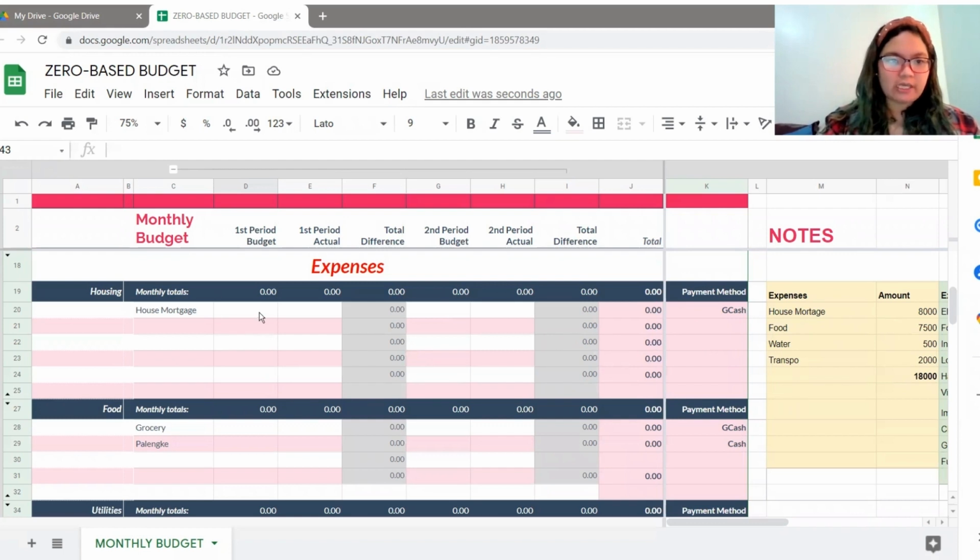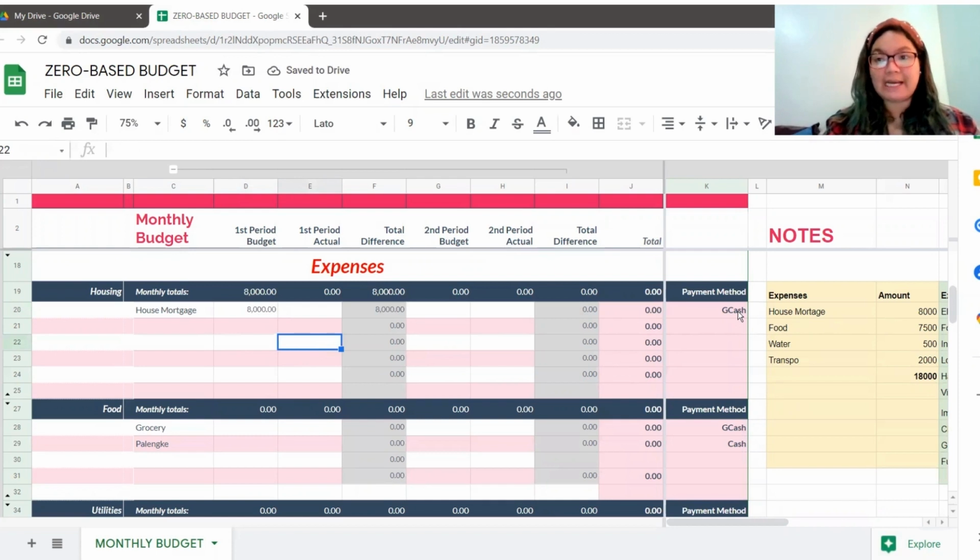For the house mortgage, the budget is 8,000 pesos. Sorry, my child came in. Let's say the house mortgage is paid through GCash, since it's from Pag-IBIG, so GCash is the payment method.